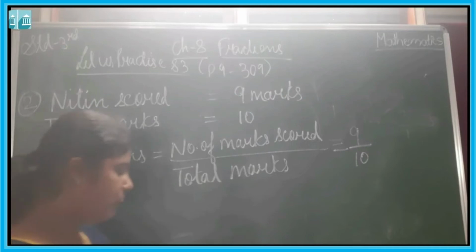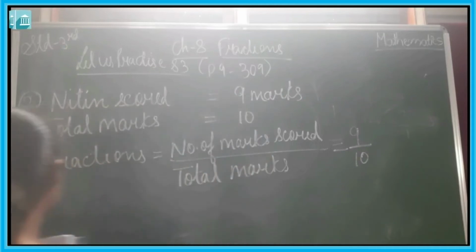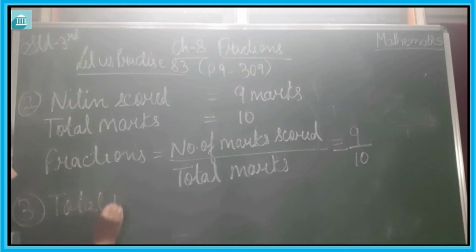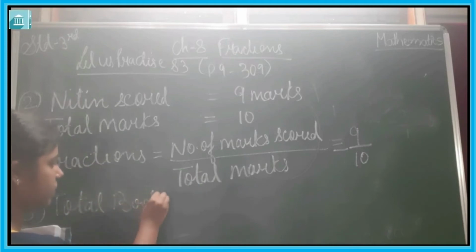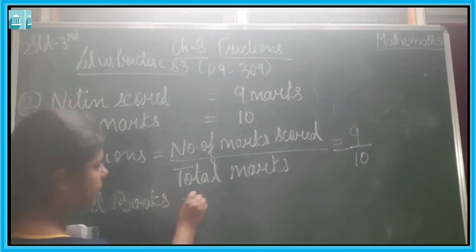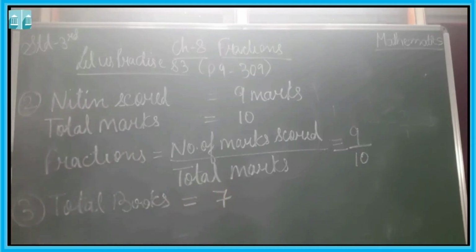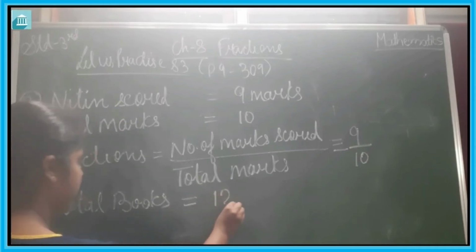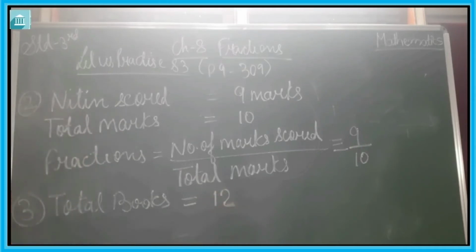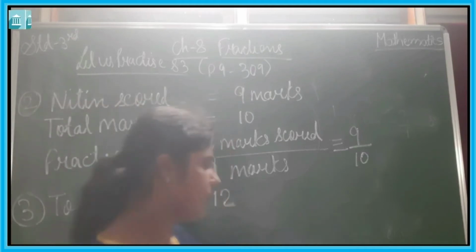Now the third question. Nidhi has 12 books. Means total books is given to us. Total books is equal to 12. Now, she gave half of them to her sister.